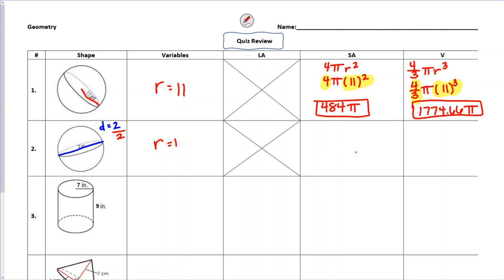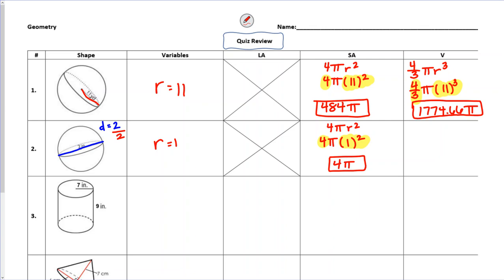Skip LA for our sphere. SA formula is 4 pi r squared. Plug it in. 4 pi 1 squared. Skip your pi. You can plug that into Desmos, and you get 4 pi.